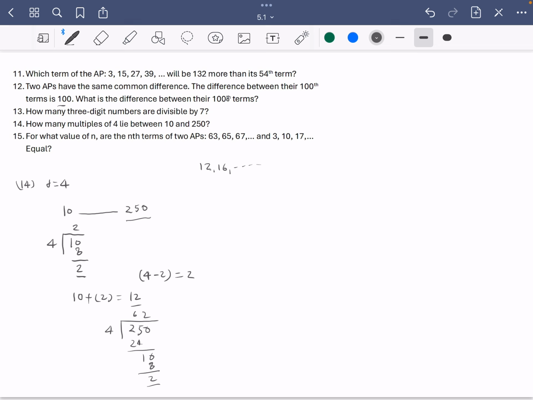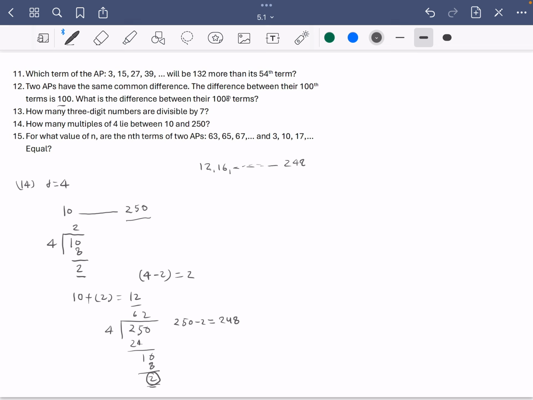I already have an extra amount of 2. That means if I subtract 2 from 250, the remaining amount, then I will get a number that I can divide by 4 completely. So it should be 248.